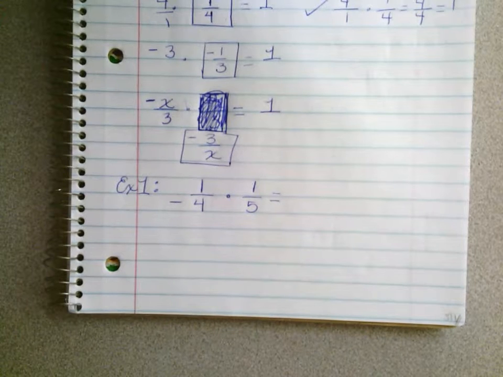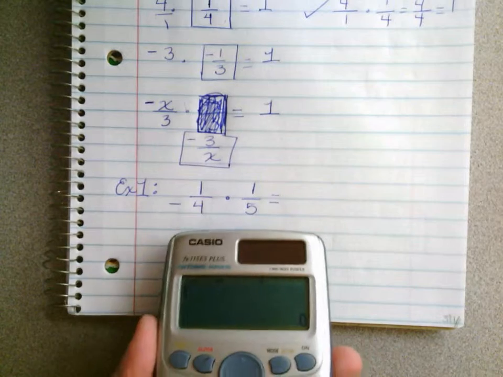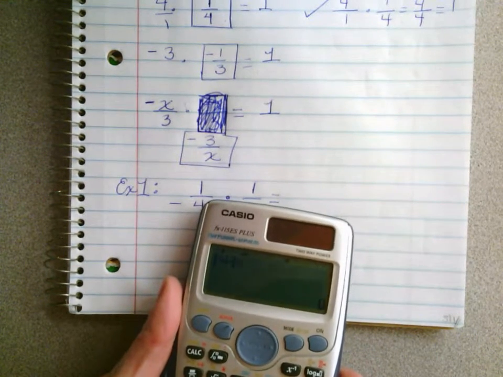If you take 1, plug it in your calculator. I'm not sure if mine has this little feature that I want to show you. 1 divided by -4. Yeah, it does. Okay. If I take my calculator and I say, look, that's 1 divided by -4. 1 divided by -4.